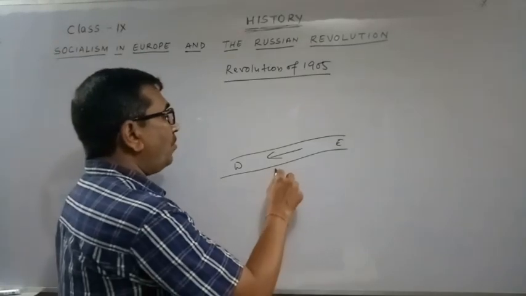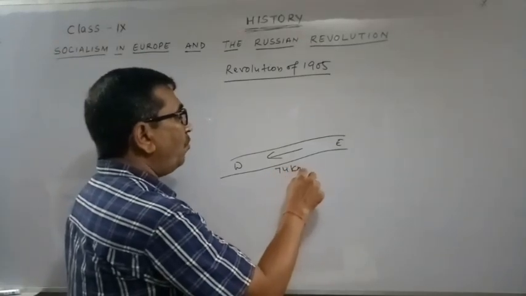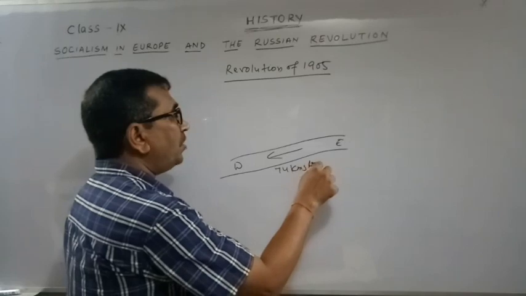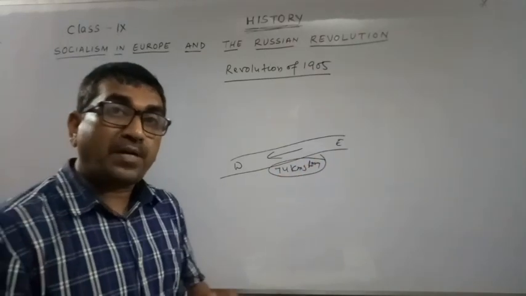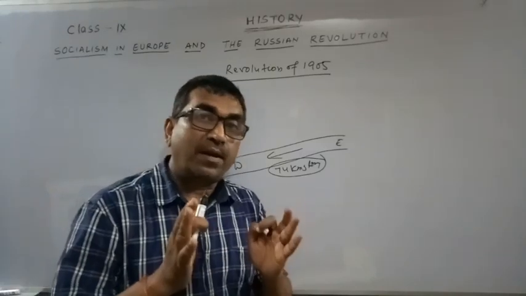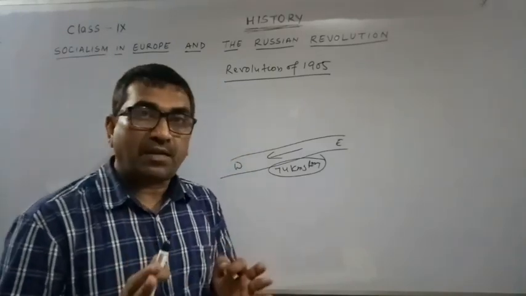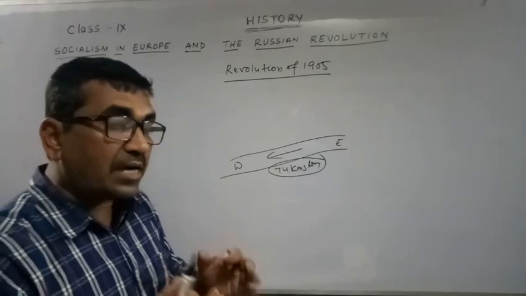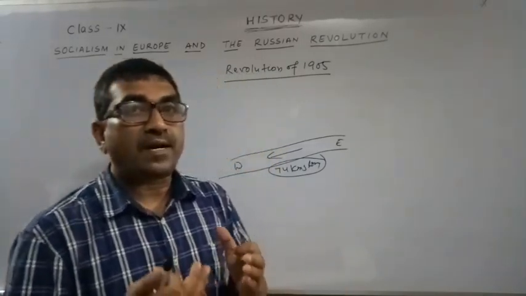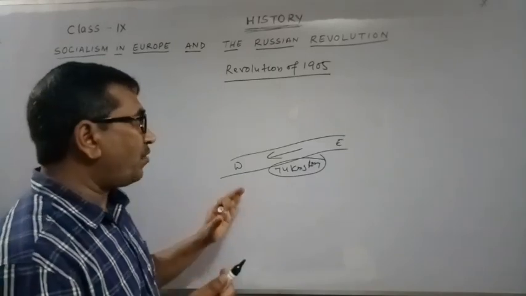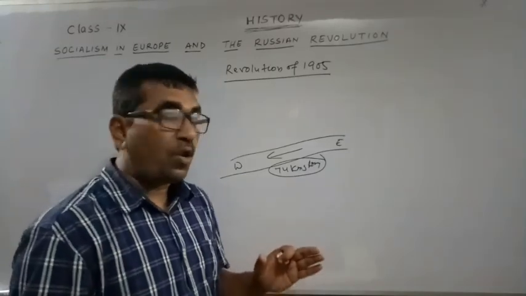It was around almost 74 kilometers long. Not very wide also, but it is a navigable river. Still it is a navigable river, and it adds beauty to the city. Right now also the Leningrad city gets its beauty from these rivers.